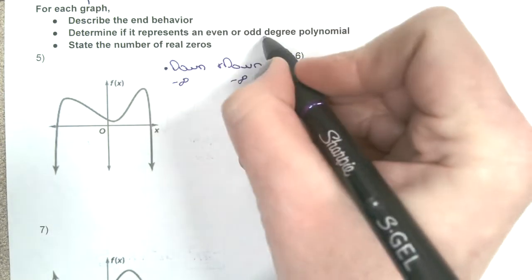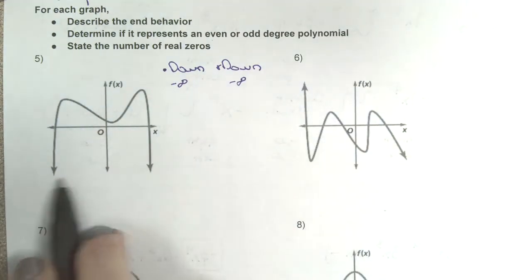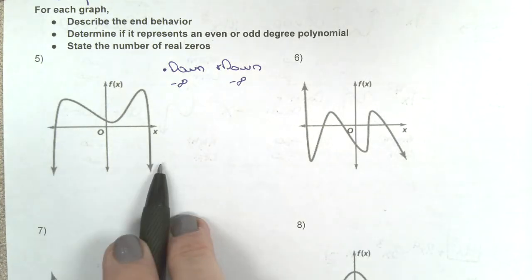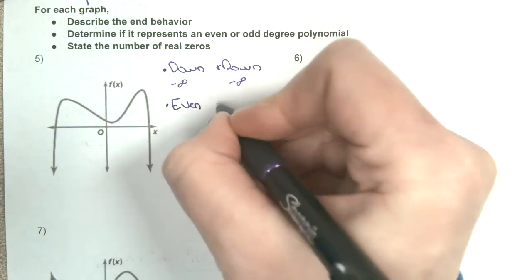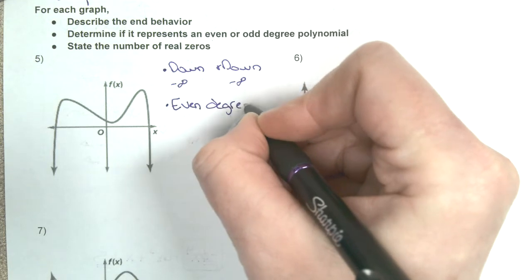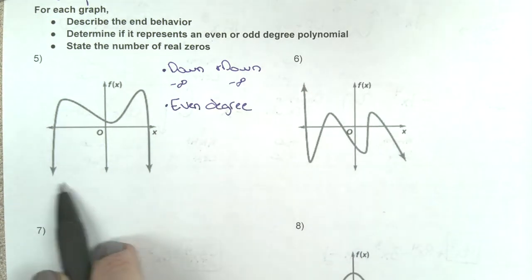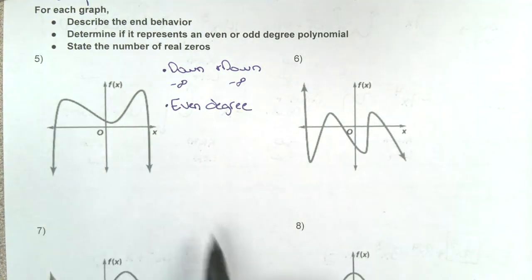Does this represent an even or an odd? The one thing that you need to recognize is that when your graph ends up going the same way, this is a characteristic of an even degree polynomial. So it has too many twists and turns to be an x to the second. This is probably like an x to the fourth or something like that.